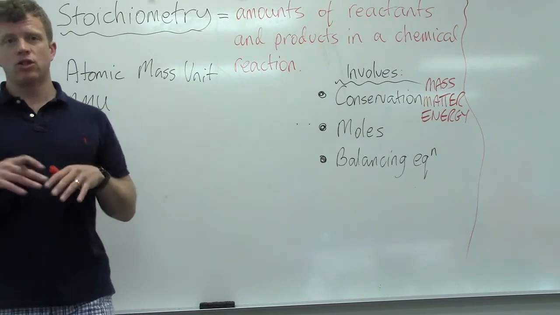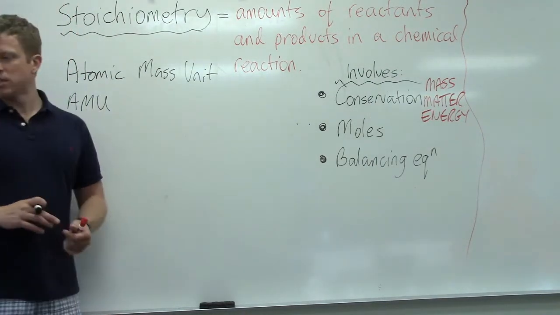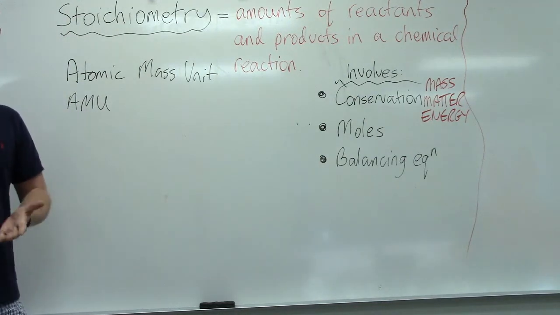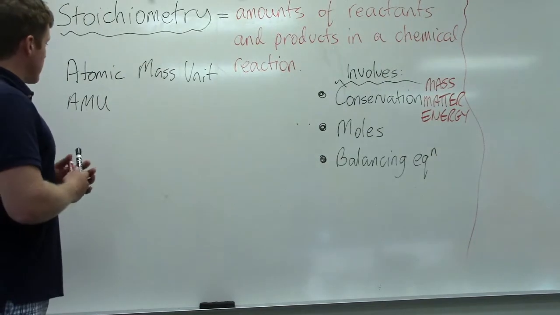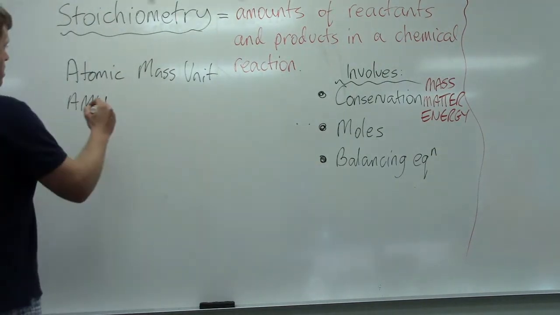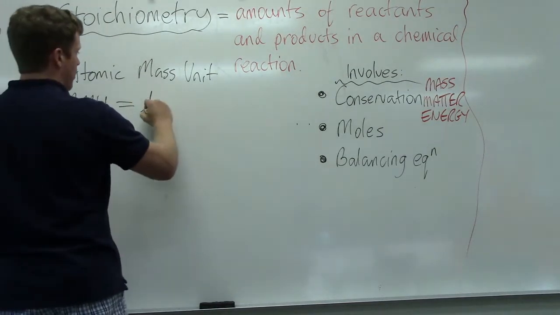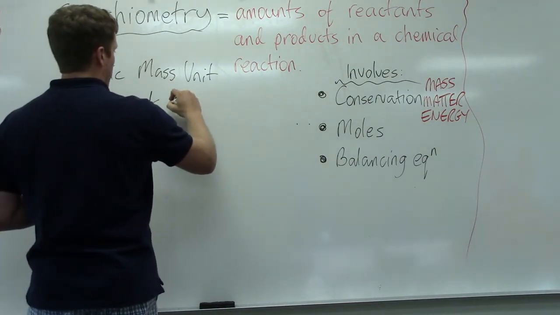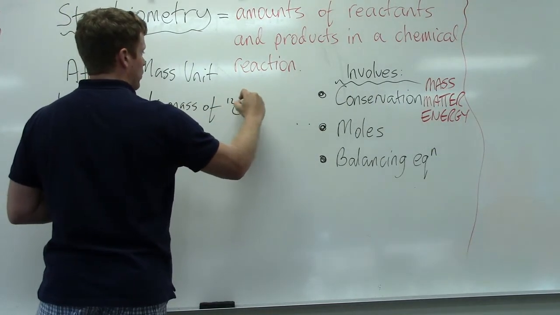So it's used everywhere, and everyone follows the same system. The definition of an atomic mass unit is: 1 AMU equals 1/12 the mass of a C12 atom.